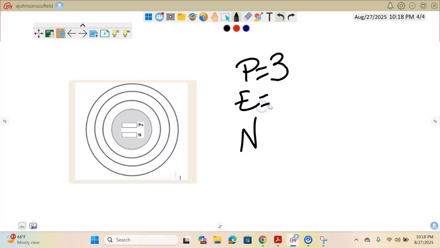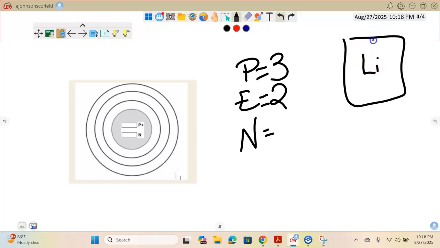I know in this atom I have 3 protons, I have 2 electrons because I gave 1 away, and for my neutrons, if I look at lithium, there's a 3 for atomic number, and then we have 6.9 something, so we round that to 7. So my neutrons would be 7 minus 3, which gives me 4, okay?